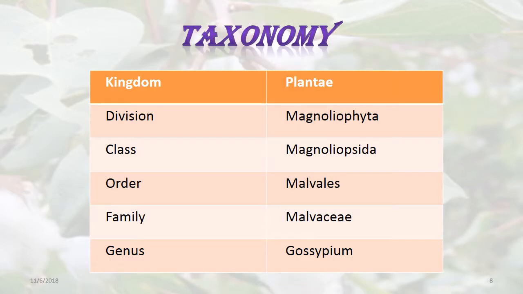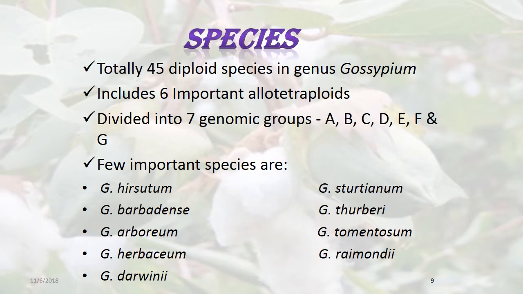Taxonomy of cotton. Belongs to kingdom Plantae, division Magnoliophyta, class Magnoliopsida, order Malvales, family Malvaceae, genus Gossypium. Species of cotton. Totally 45 diploid species in genus Gossypium, which includes 6 important allotetraploids.